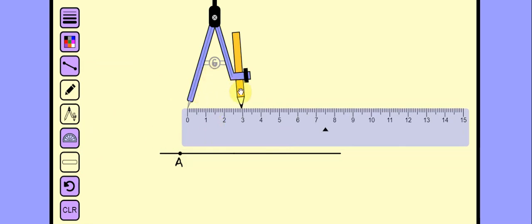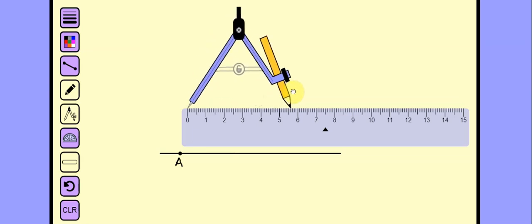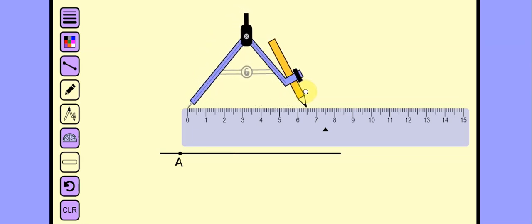I am doing that because of the software that I'm using. The compass might not be able to function at that point if I don't use it to mark the point. So it's not that you need your compass to mark that point. So I have opened my compass to a separation of 6.5 centimeters. Let me ensure it's perfectly there.